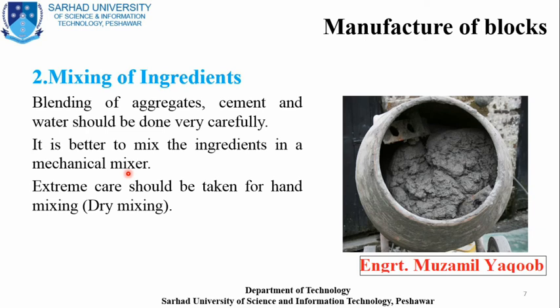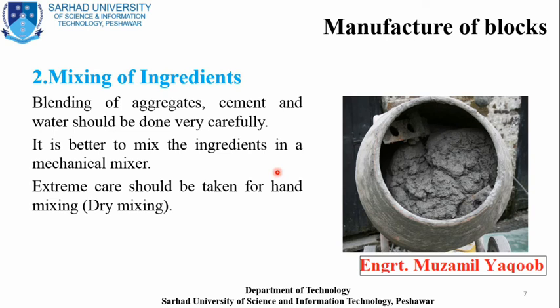And the other one is hand mixing. The drawback of hand mixing is that it takes time, and on a larger scale it is very difficult. You will face a lot of problems there.